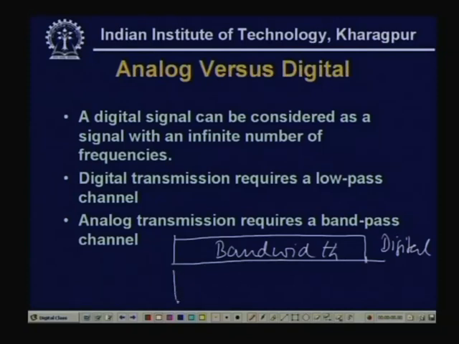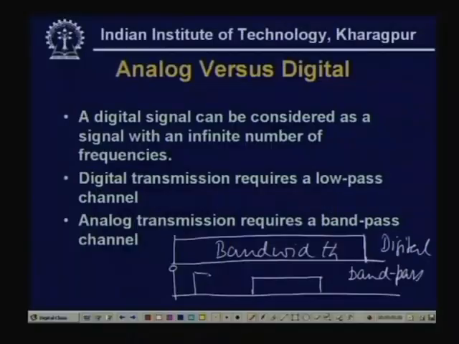On the other hand, for an analog signal, we may restrict it within a certain range. So, bandwidth is essentially like a band pass, and here it is like low pass, as you can see, from 0 to a certain high frequency. Because of these characteristics, through one medium we can send only one digital signal.